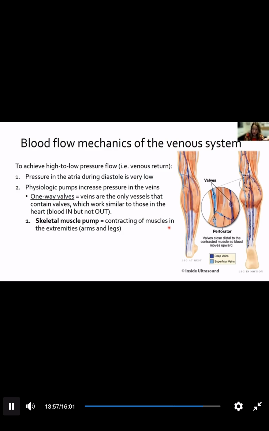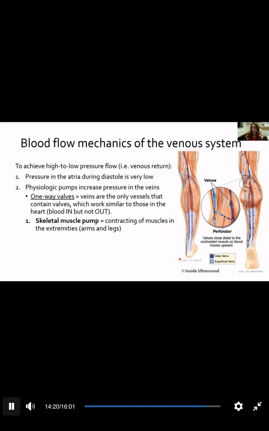What serves as the pump is the muscle. We talked a little bit about skeletal muscle in the sections prior to this. Your skeletal muscle helps you contract those vessels so that you can push blood up through the veins. Let's, for example, talk about walking.